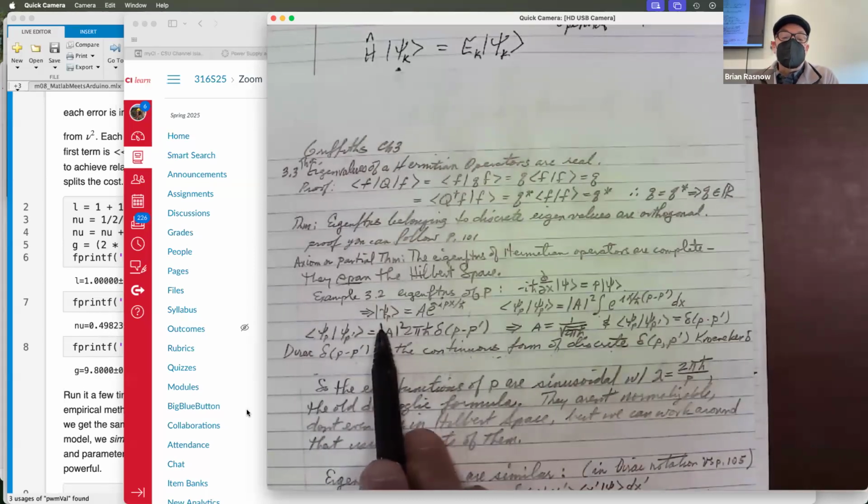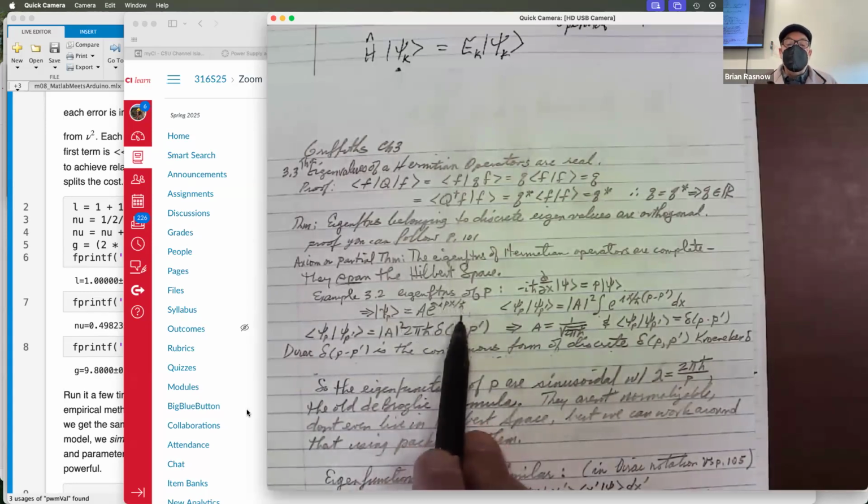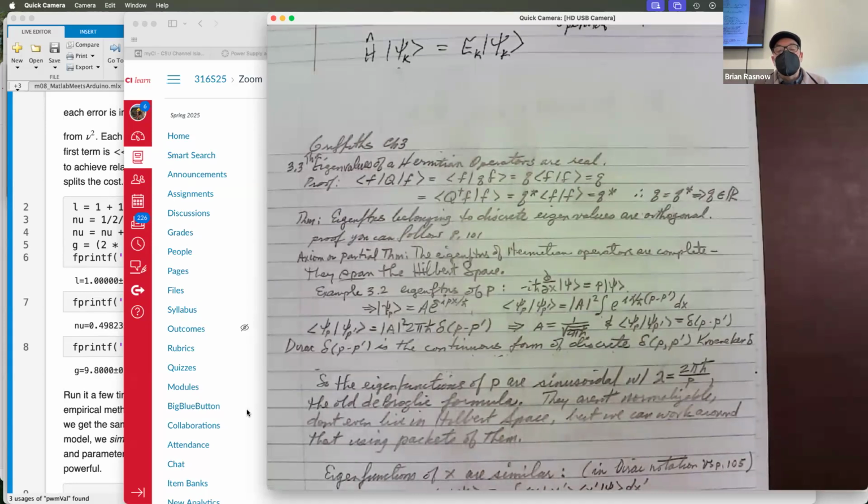And the answer, again, you can guess it, is that functions of the form A e to the minus i p x over h bar satisfy that equation. And so these are complex exponentials.